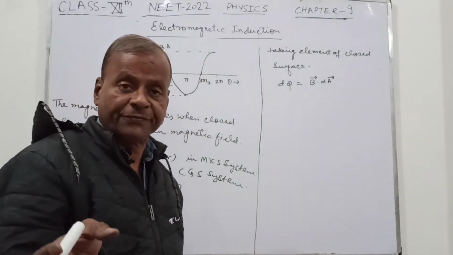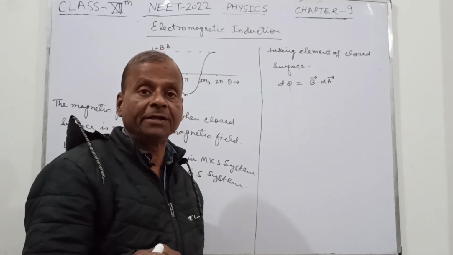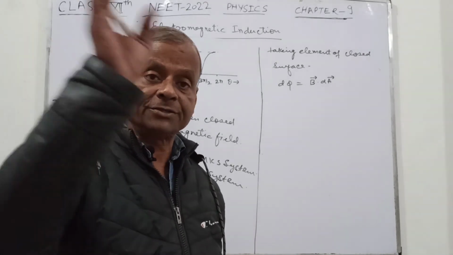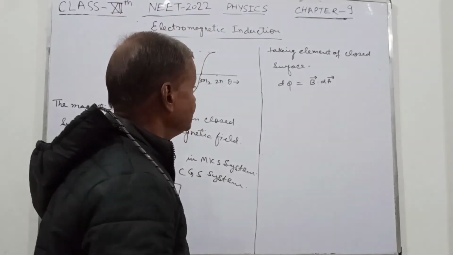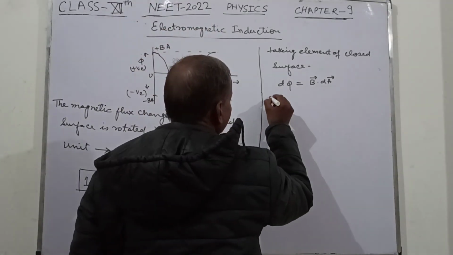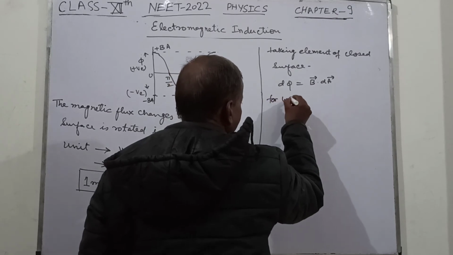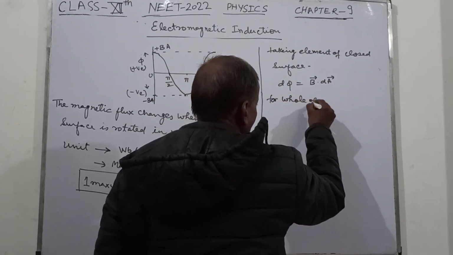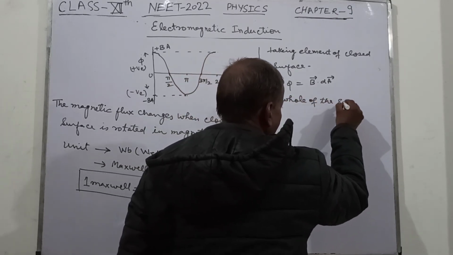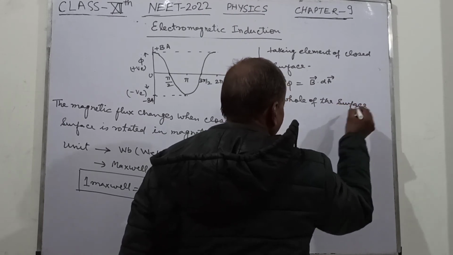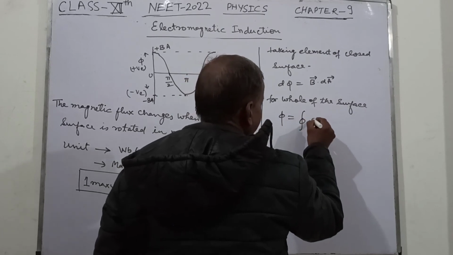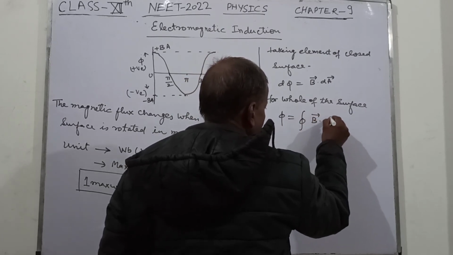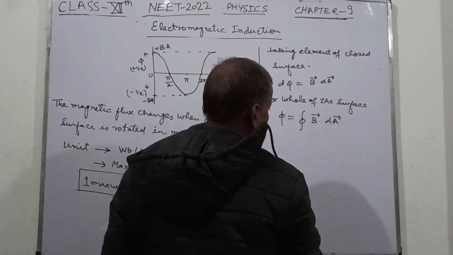Since the surface contains many element areas, for the total flux we integrate over the surface. For the whole surface, phi is equal to the integral of B dot dA.